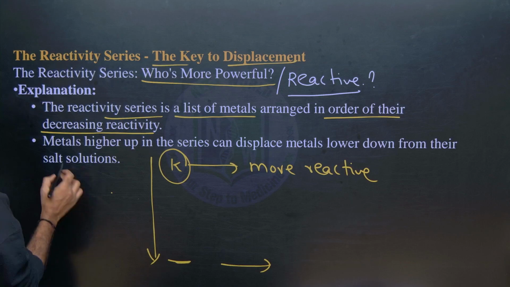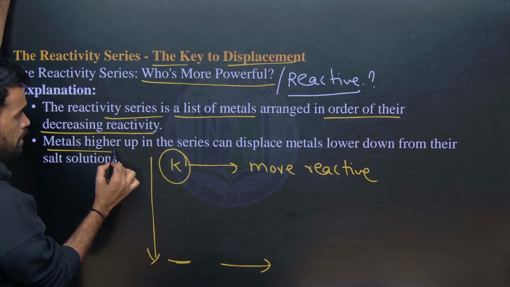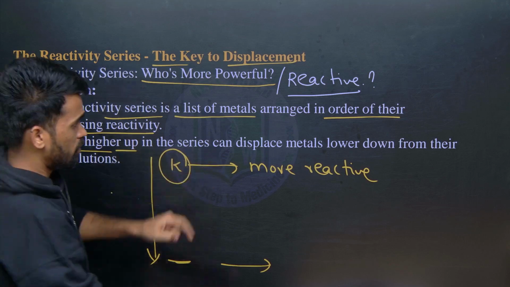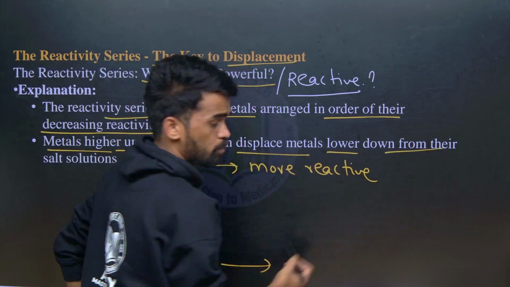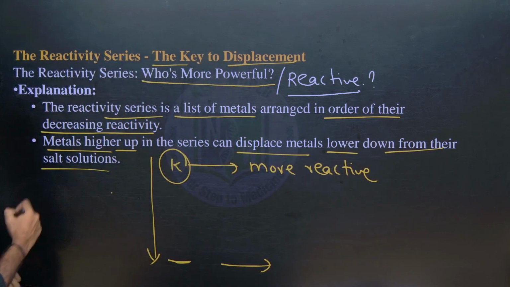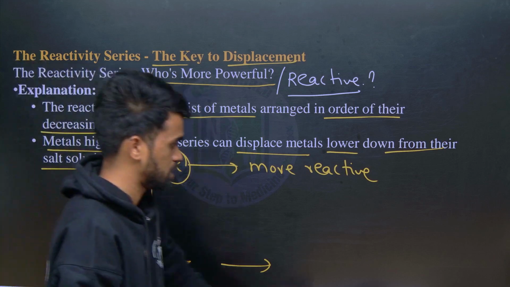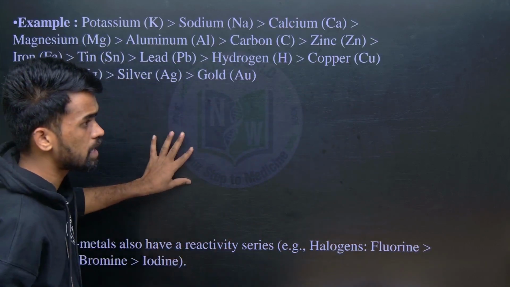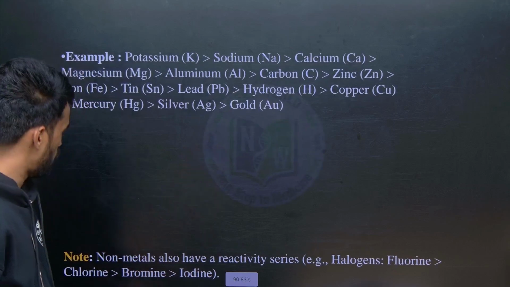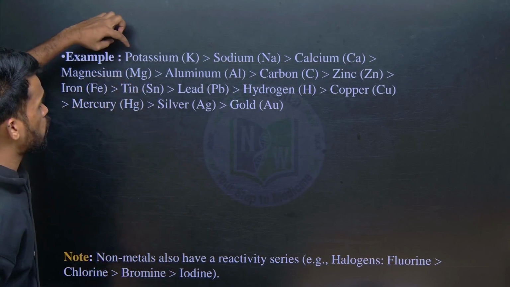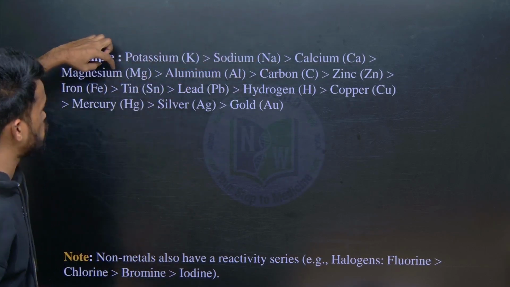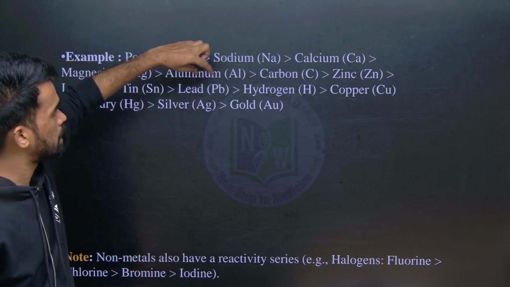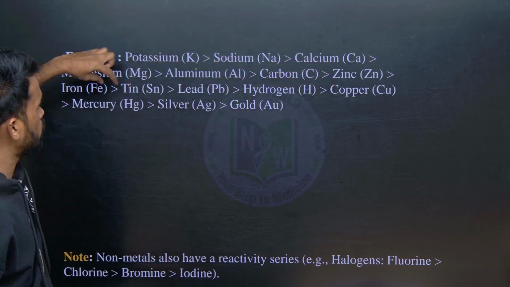So metals higher up in this series will displace the metals at the bottom from their salts, right? This is what we discussed. Okay, I will show you here. See, these are the metals I have collected over here: potassium, sodium, calcium, magnesium, aluminium, carbon, zinc, iron, tin, lead, hydrogen, copper, mercury, silver, gold.